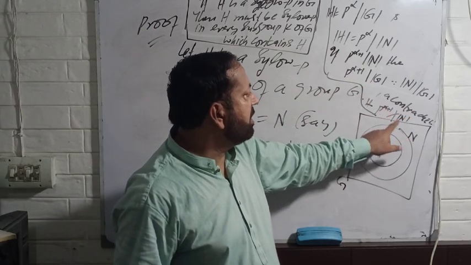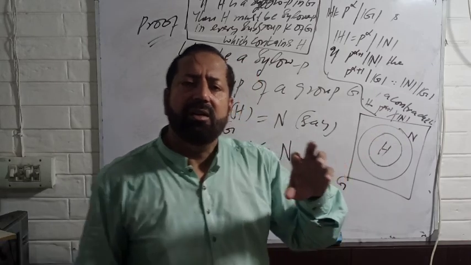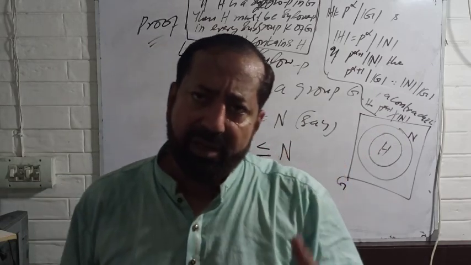Hence P power alpha plus 1 does not divide the order of N. That's why H must be a Sylow P subgroup in N.